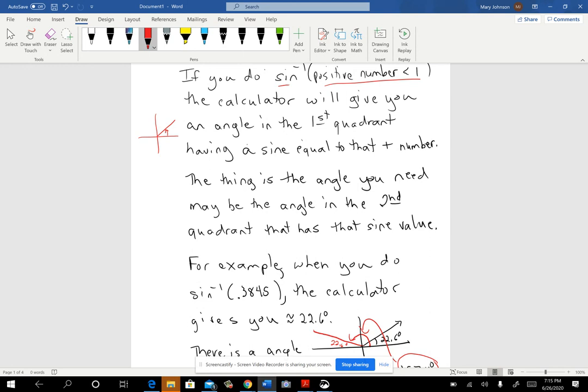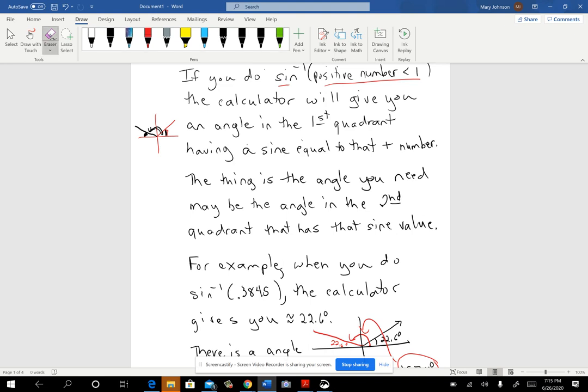The thing is, there may be an angle in the second quadrant that would have that same sine value, because if this amount of rotation is the same as this, then that angle right there is going to have the same sine value.